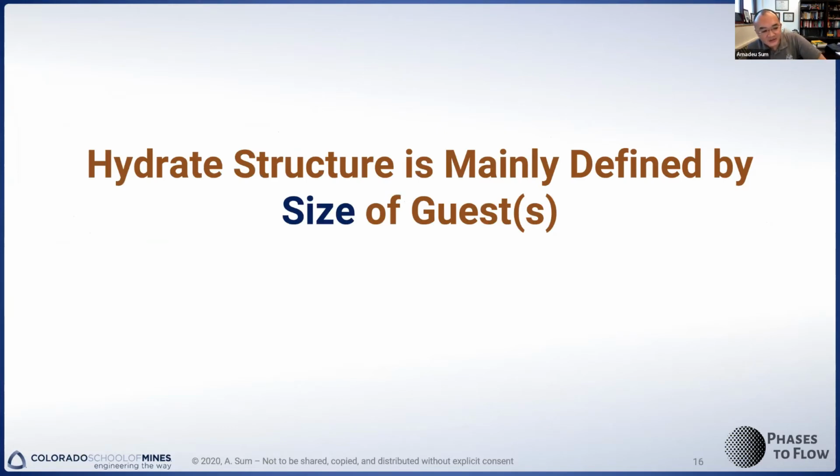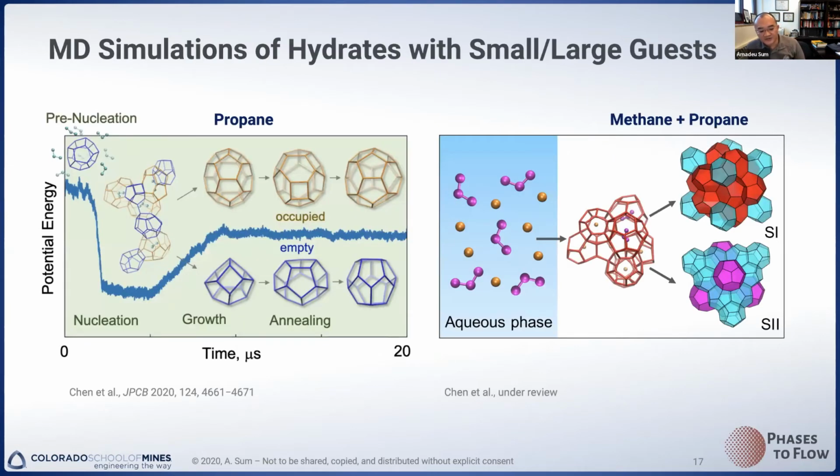Now, as I said, hydrate structure is mainly defined by the size of the gases. Okay? And I think anyone who works on hydrates would agree with that statement. But of course, there are exceptions, and in the next portion of my talk I want to point out the exceptions. This is based a lot on what we have done in studying simulations of hydrates formed from propane and mixtures of methane and propane.